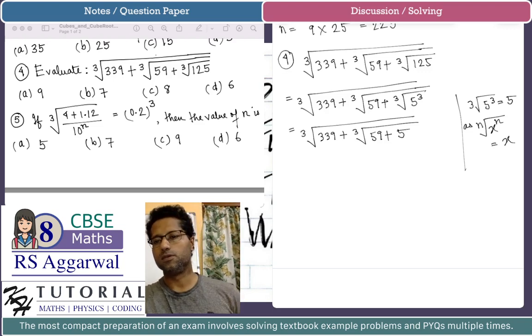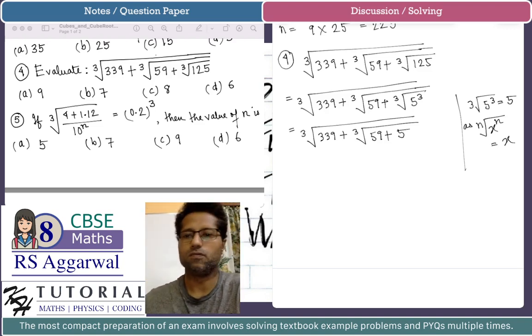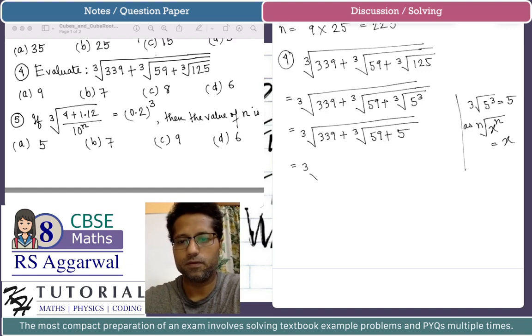When we put 3 in the top left corner of the root sign, it is the cube root. So now this becomes the cube root of 343 plus the cube root of 59 plus 5, which is 64.